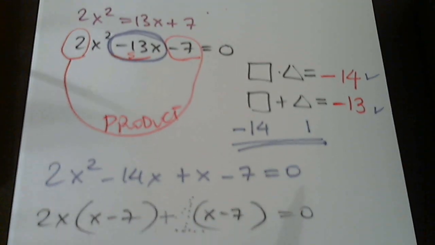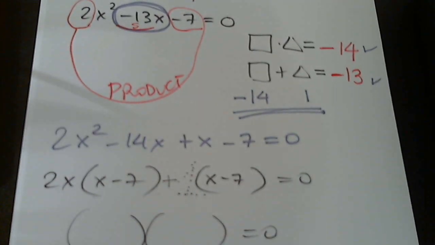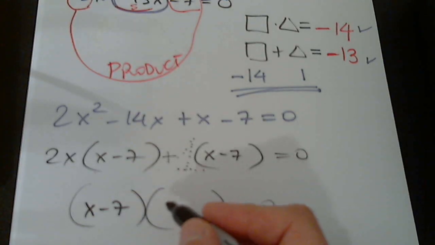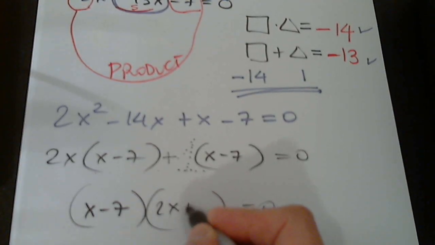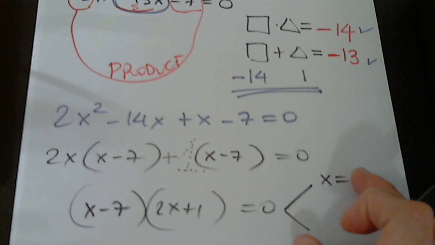Perfect. So now I know that they have a common factor that I need to pull out at this point. And then what is left in parentheses? x minus 7. x minus 7 is the common factor. Excellent. And what is left in parentheses now? 2x plus 1. Excellent. So then we have two solutions. Set this equal to 0 and give me the answer.